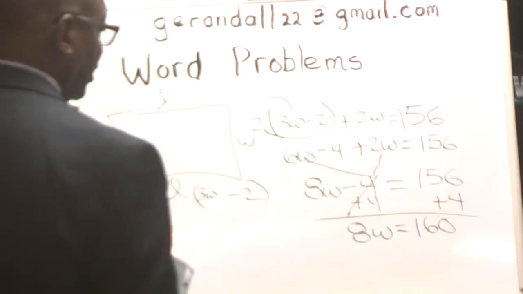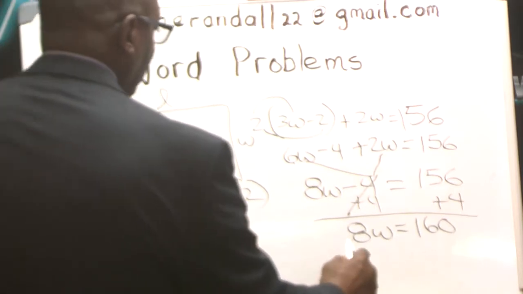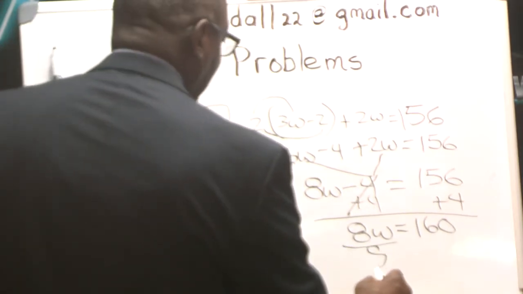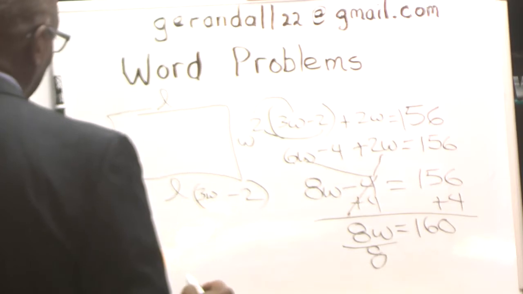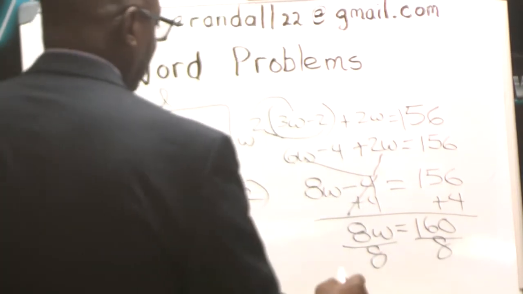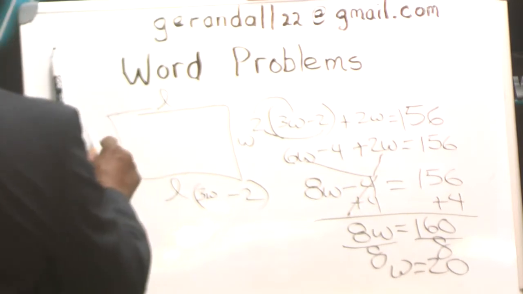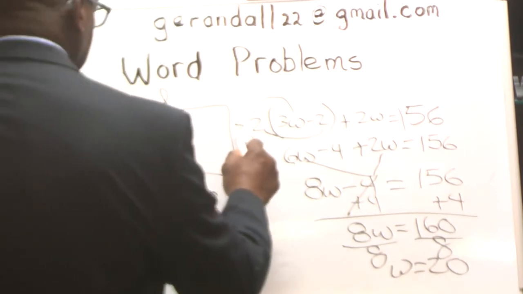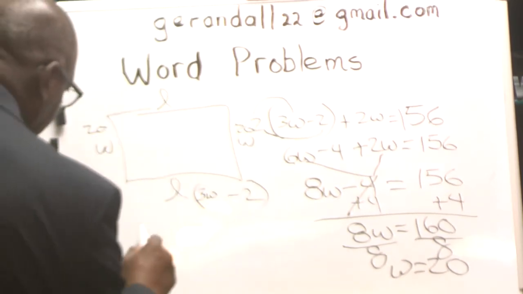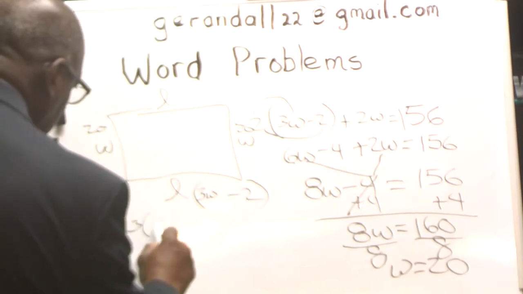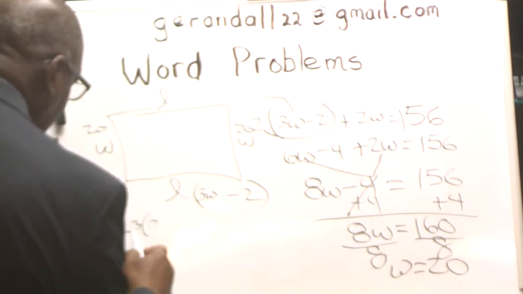This is multiplication. 8 times W. You must divide by 8. Whatever you do to one side, you must do to the other. W equals 20. So the width is 20, and the length is 3... I'm sorry.